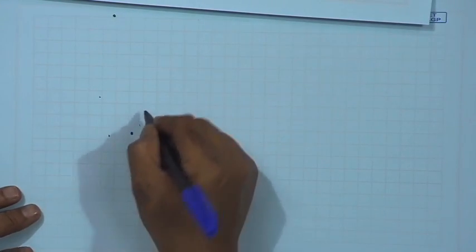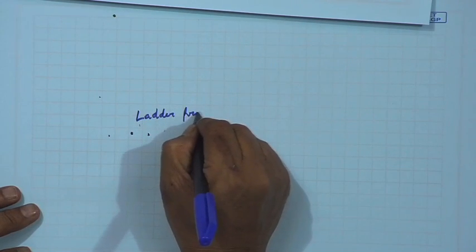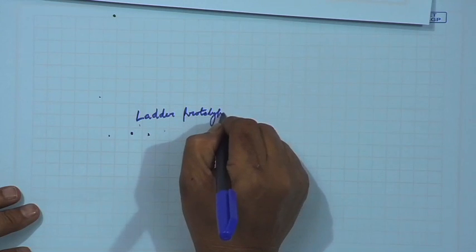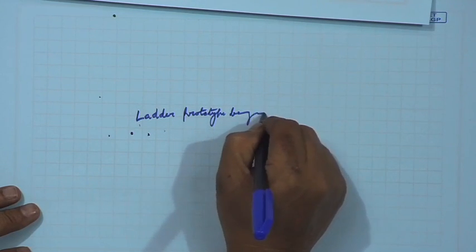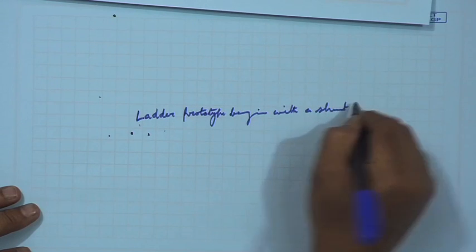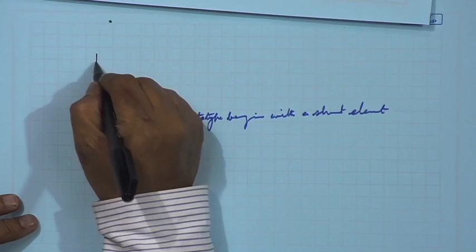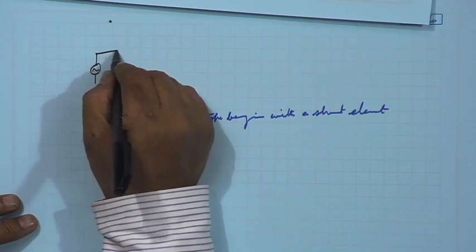There can be another variety, the ladder prototype beginning with a shunt element. In that case the circuit will be like this.